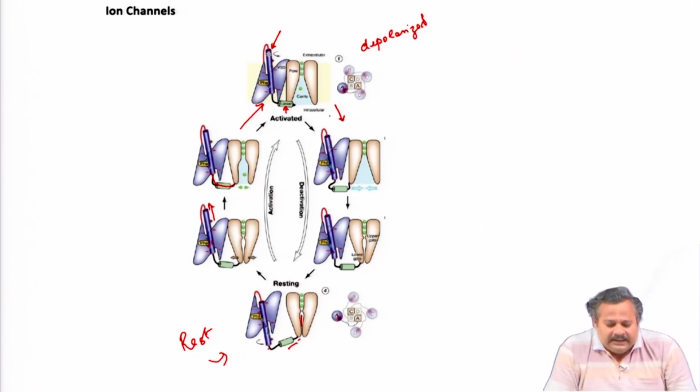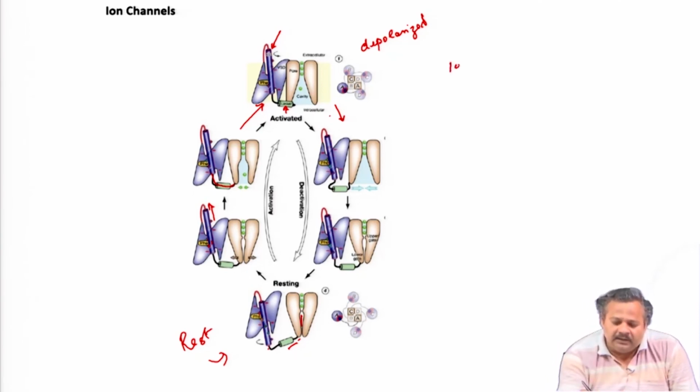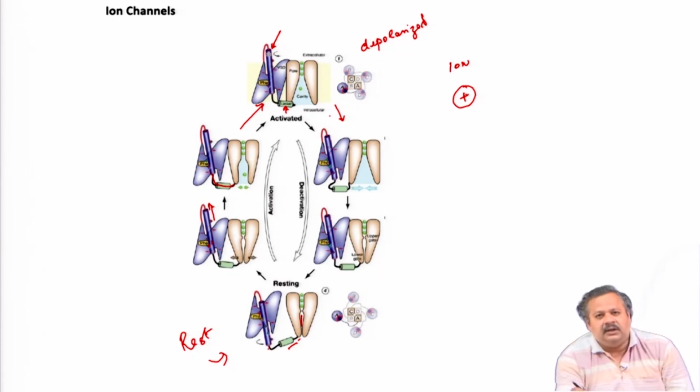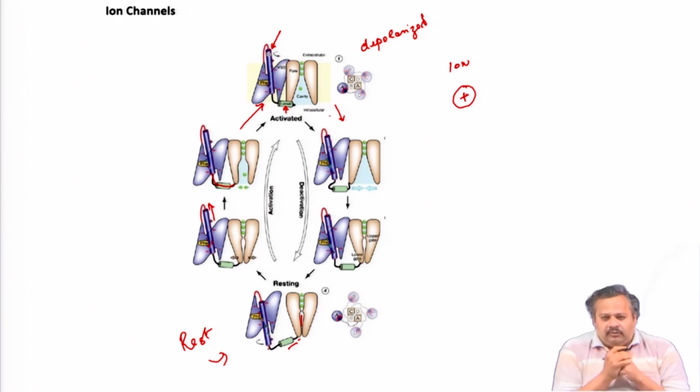So, in this scenario, there are a few more things that we need to consider. If you think of a positive ion, let us say present extracellularly, it is present in a very stabilized form in the aqueous medium because of the hydrogen bonding of the ions that are present, let us say sodium or potassium. All of them are in a hydrogen bonded state, which is very stable energetically.